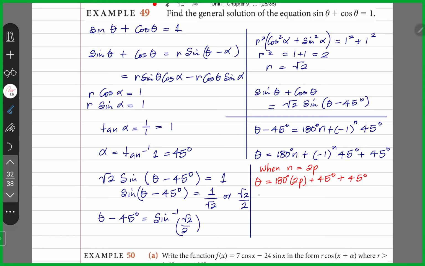So theta would be equal to 360p plus 90 degrees.